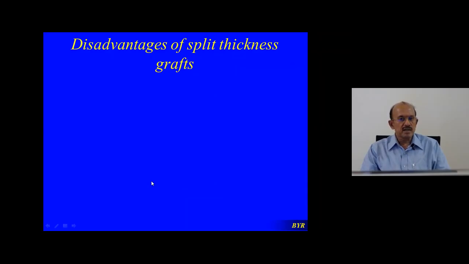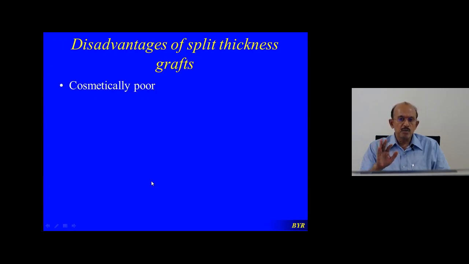Disadvantages of split thickness graft. Well, the split thickness graft is only useful to avoid a raw area and to avoid scarring. Because there is no scarring, there will not be any contracture. So that is the only advantage.